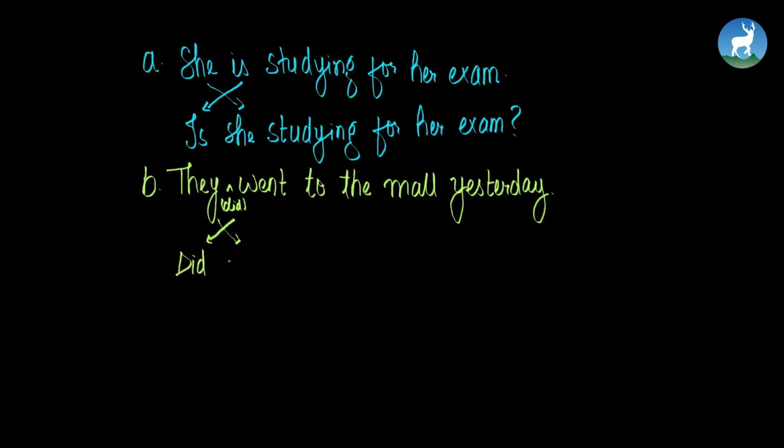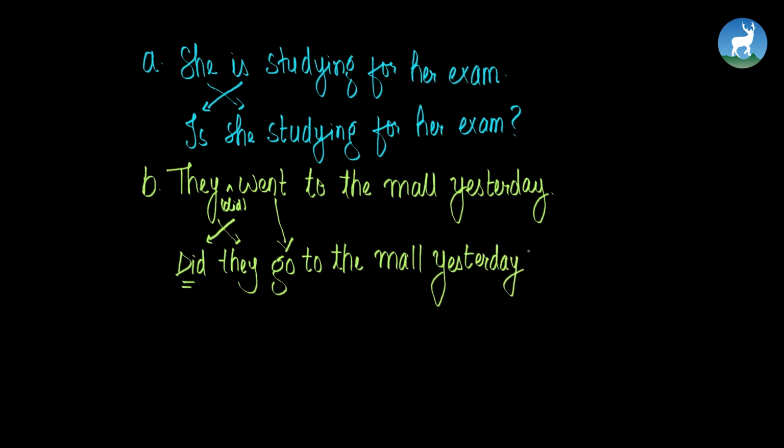So, did they. Once we have already used "did", we use the base form of the verb. "Went", what's the base form? Go. Did they go to the mall yesterday? And we end this with a question mark. How will you get the answer? Of course, the answer will either come as yes or as no, right?